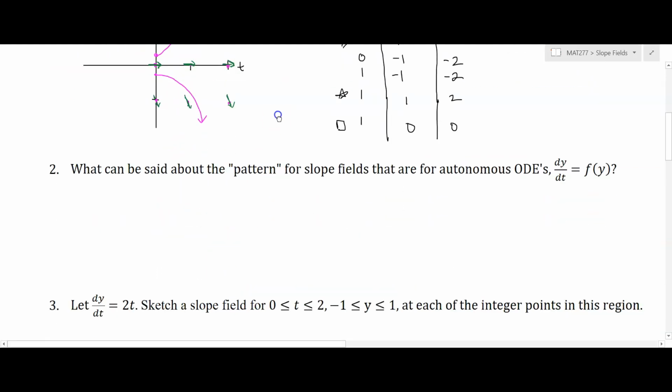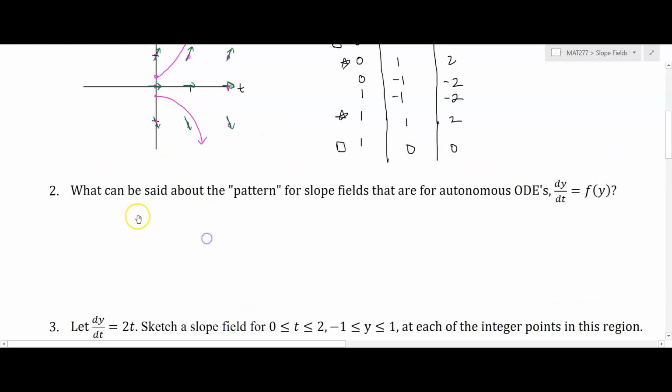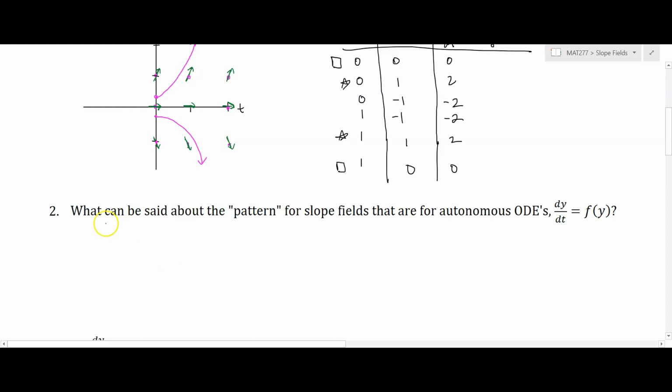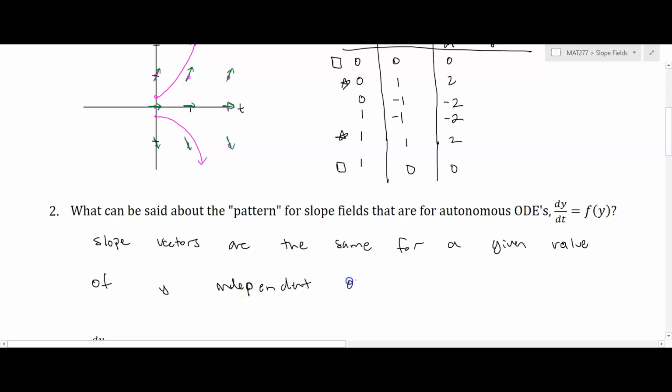All right, so let's take a look at a little observation here. What can be said about the pattern for slope fields that are autonomous? That is, that only depend on the value of y. Well, what we should see is that the slope vectors are the same for a given value of y, independent of the value of t.